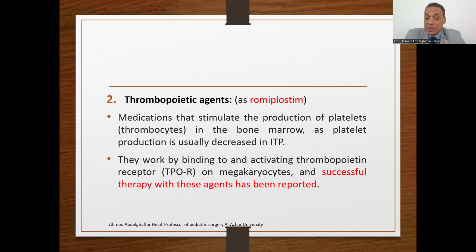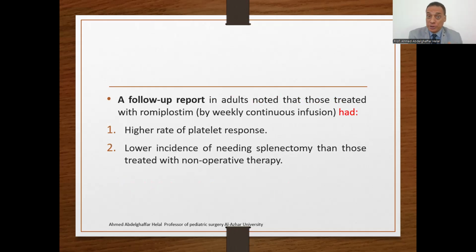They work by binding and activating the thrombopoietin receptors on the megakaryocytes, which are the mother cells for formation of the blood elements, and successful therapy with this agent has been reported in some literature. A follow-up report in adults noted that those treated with this stimulating agent had a higher rate of platelet response and a lower incidence of needing splenectomy than those treated with non-operative or medical management.